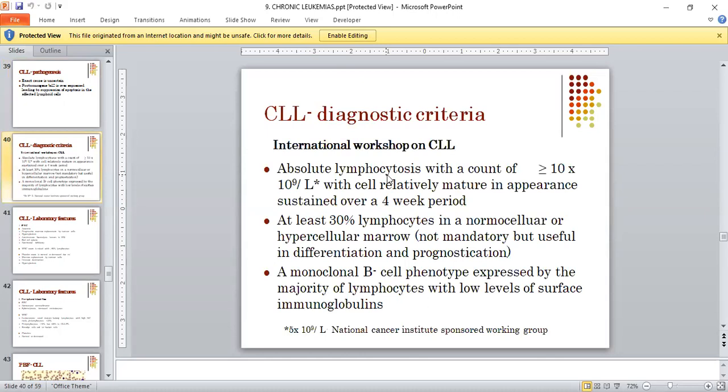For this one, most are diagnosed without symptoms just by routine blood tests. And the blood tests will just yield high levels of the white blood cells.